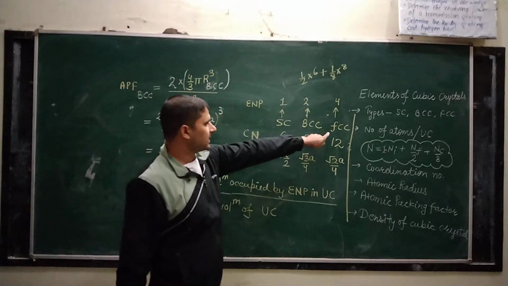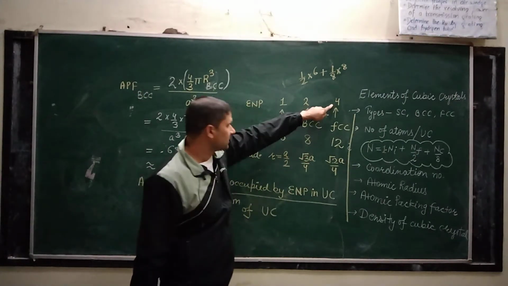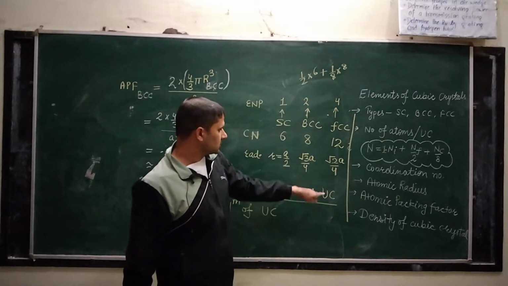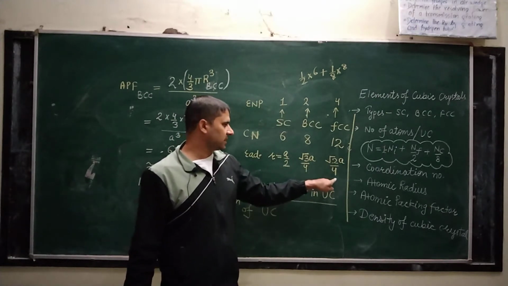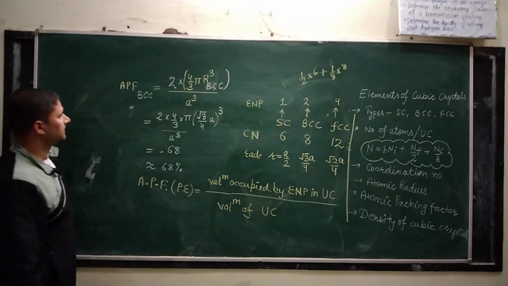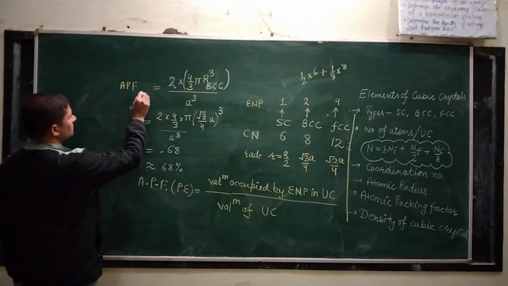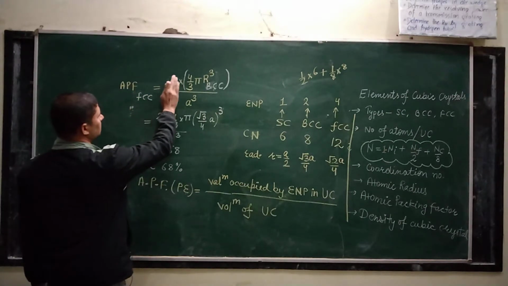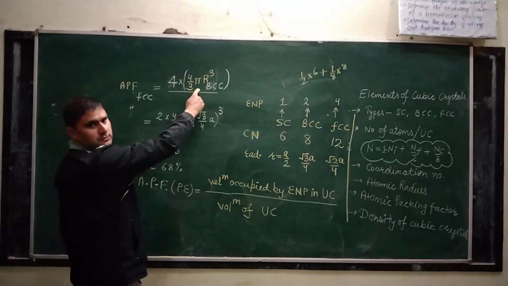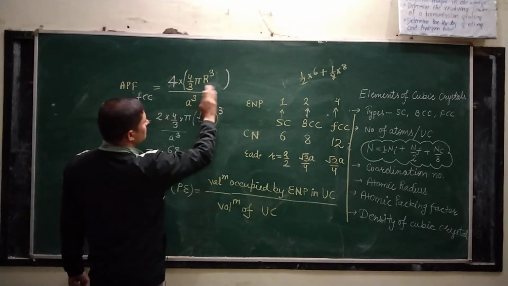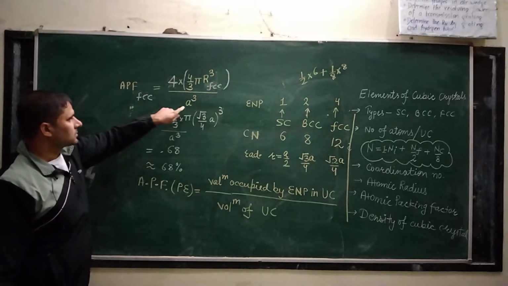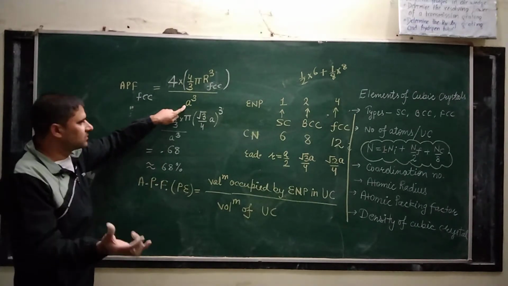You see in FCC the effective number of particles is 4, and the radius is √2/4 times A. If you make simultaneous changes here, then for FCC the effective number of particles is 4, and the volume of one particle, the radius of FCC, will change, and the volume of the unit cell is A cube again.